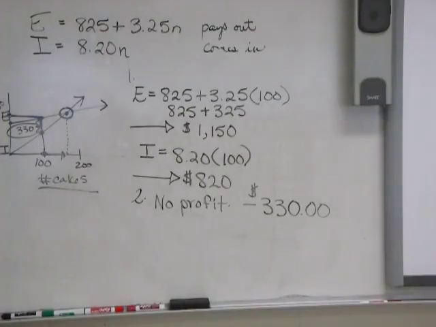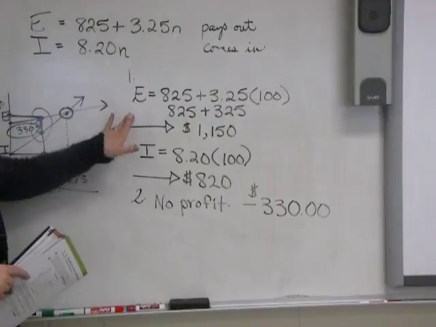So it says describe how you found the answer. Now you could have looked here on your graph and seen that he did not make a profit, that his income was still less than his expenses by 330, because they did that math for you and even wrote it in the graph.